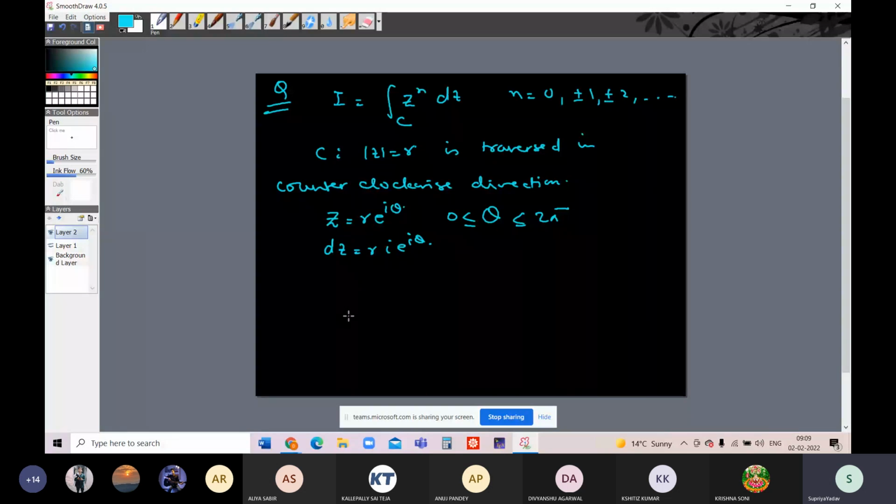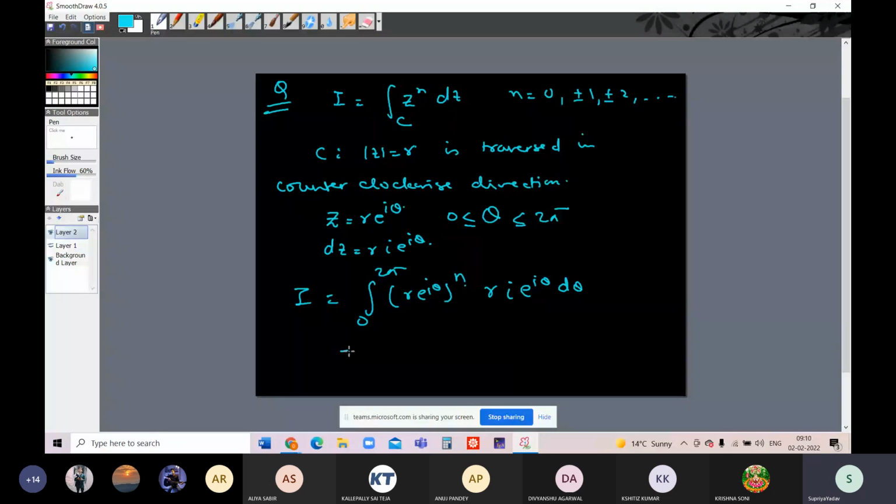Substituting this value here, because we will use this result in our next question, that's why I am proving it here. So it will be the integral of (r e^(i theta))^n into i r e^(i theta) d theta, theta varying from 0 to 2 pi.